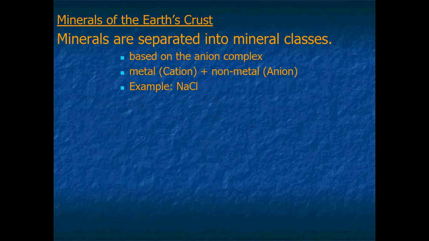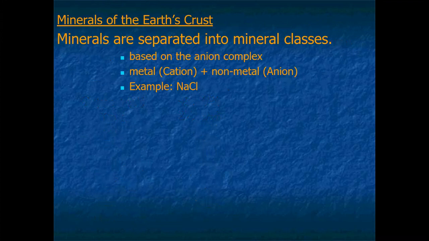Based on the elements that make up the different types of rocks, we can now separate minerals into what we call mineral classes. To separate minerals into their particular classes, it's based on the anion complex. We're going to revisit these terms, cation and anion.